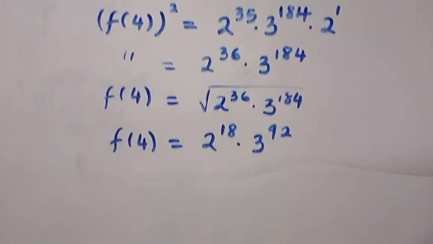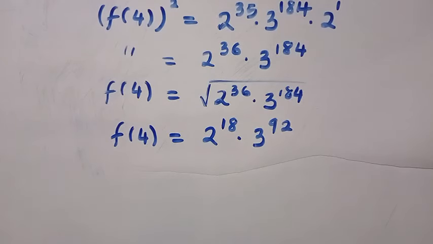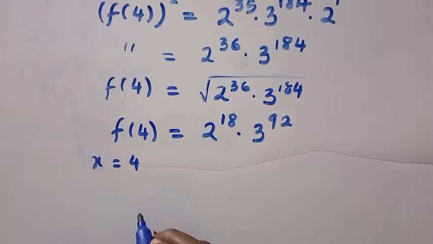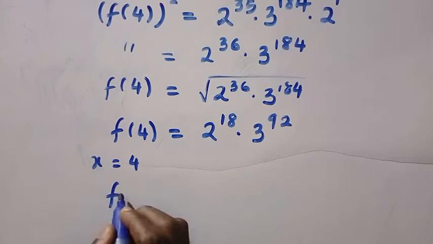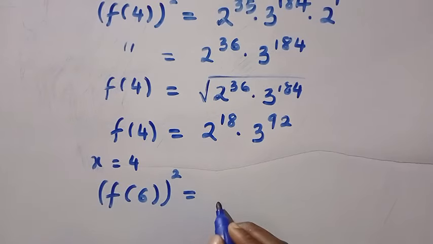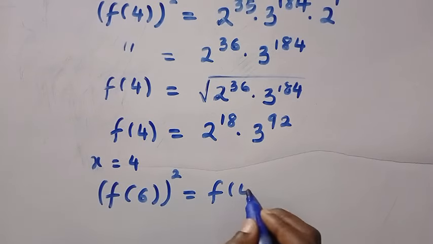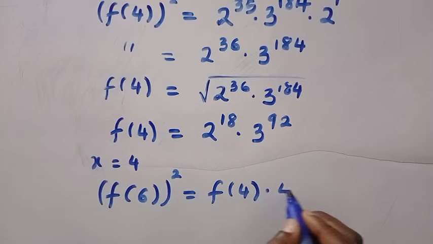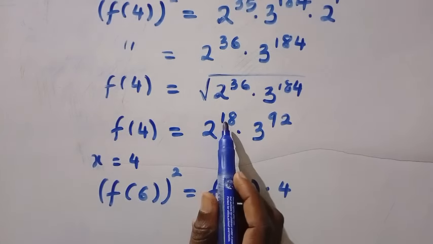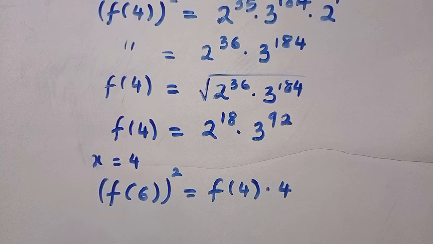Again, we are going to test for when x equals 4. So if x equals 4, we are going to have f(6) all raised to the power 2 equals f(4) multiplied by 4. But f(4) is given as 2 power of 18 multiplied by 3 power of 92, where this 4 can be written as 2 power of 2.